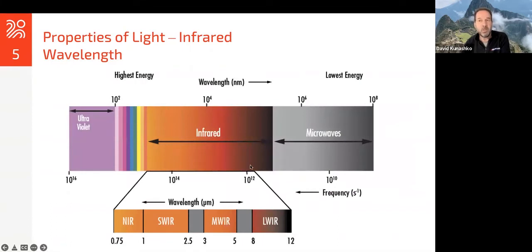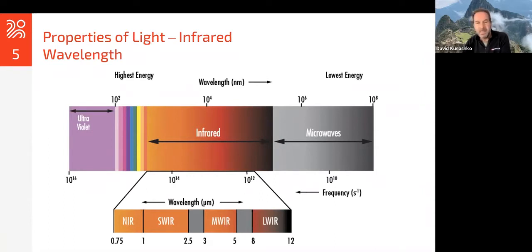Now, infrared is a little bit different than red. It's much longer, and it also has a much wider spectrum. So near infrared is going to start just where the red finishes off, obviously, right? So near infrared means close to red. And so that's starting off around, I'm going to say, around 700 nanometers, plus or minus.